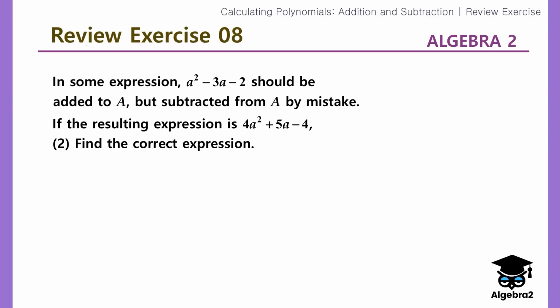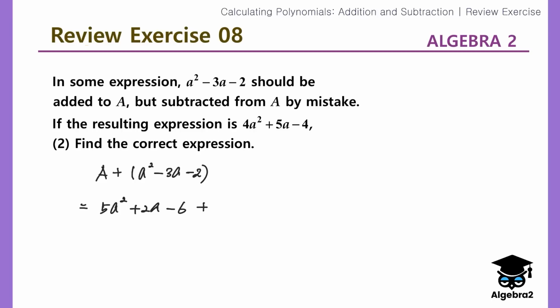Number 2, the question is to find the correct expression. So if we simplify correctly, the expression is A plus a squared minus 3a minus 2, right? And A from the previous problem was 5a squared plus 2a minus 6.